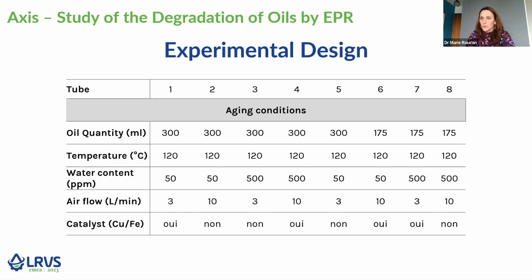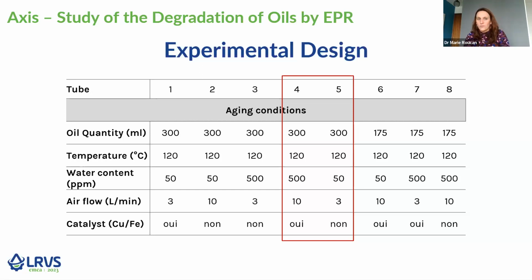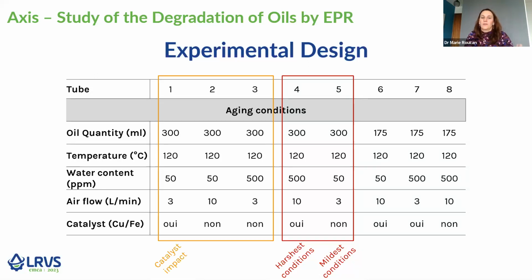The temperature was 120 degrees all the time. The point was to have different conditions to see the effects of different parameters. Here you have the harshest and the mildest conditions. Here you have the catalyst impact conditions. As you can see, the air impact in these conditions, and then you can see the water impact in these conditions.